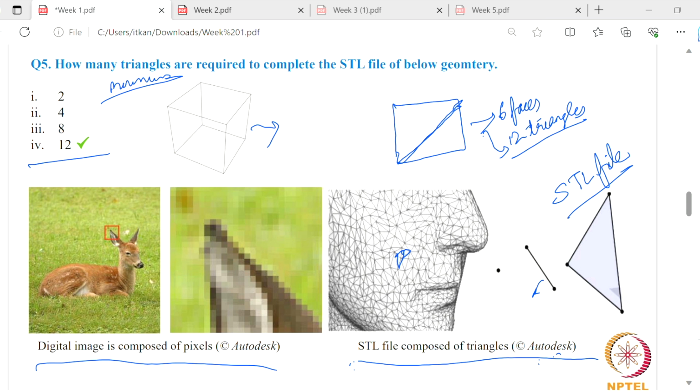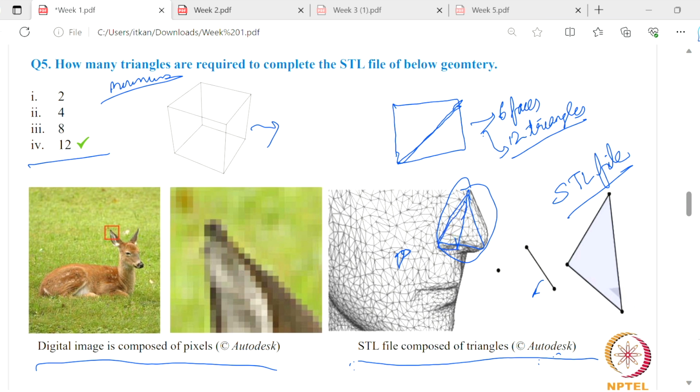So the more the number of triangles, the better will be the quality of your final product in terms of dimensions. Suppose you take this nose and we take only two triangles.